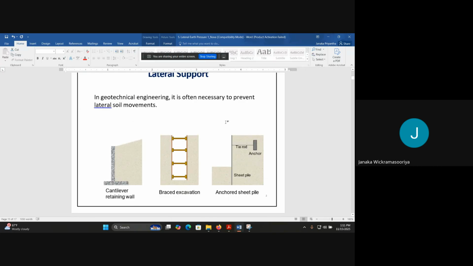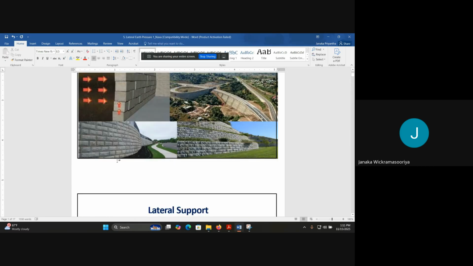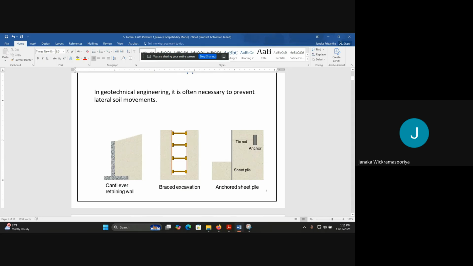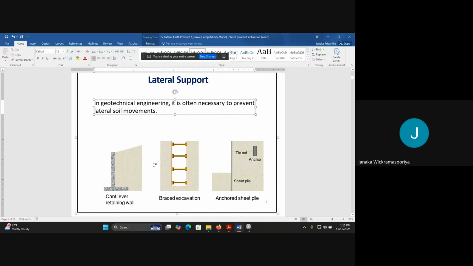So there are so many other structures. In the idealization, you can take this kind of cantilever retaining walls, the braced excavation like this.